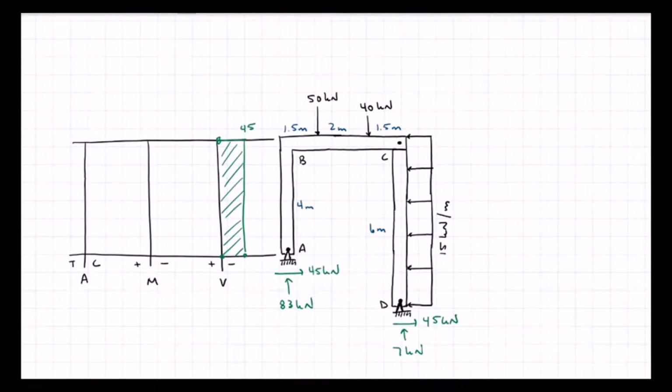My moment diagram starts at 0. I do not have a moment at the pin, and it's going to change by the area under the shear diagram. 45 times 4 is 180, and it's on the negative side, so my moment is going to move to negative 180. And I have a constant shear, so I will have a constant slope to my moment diagram.